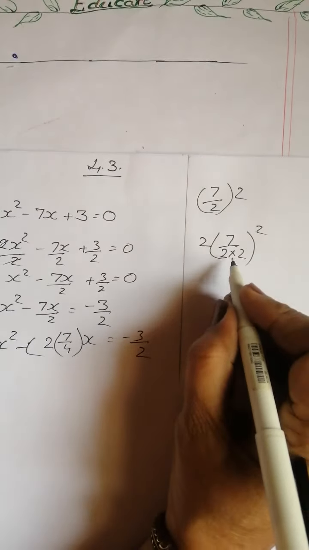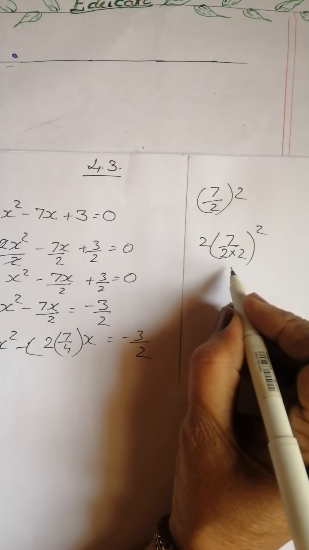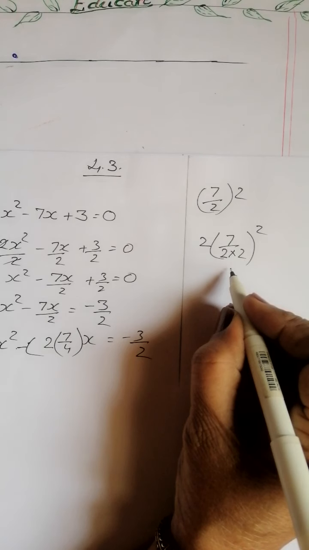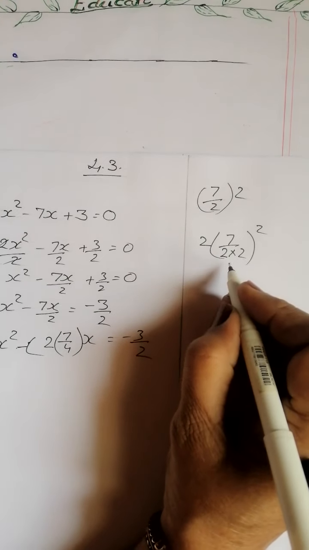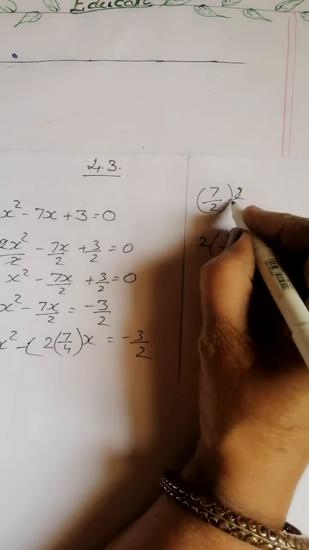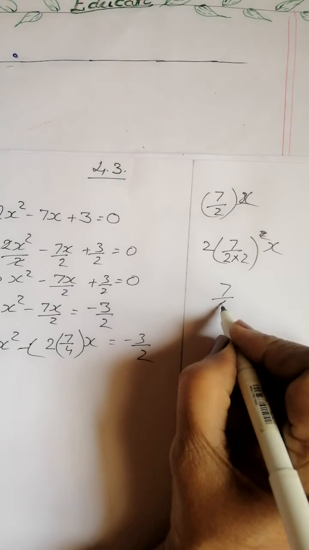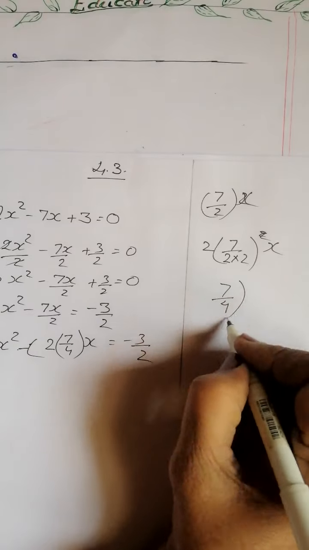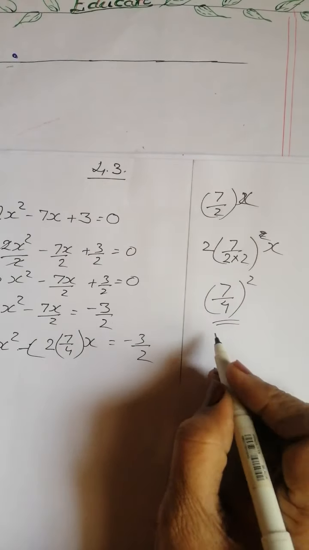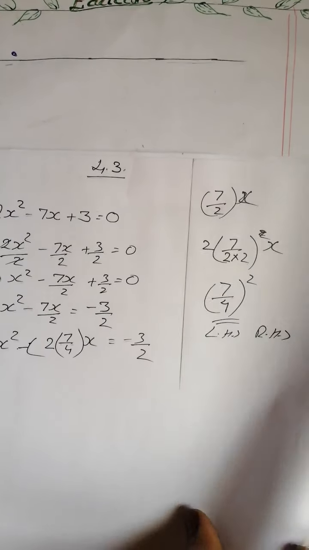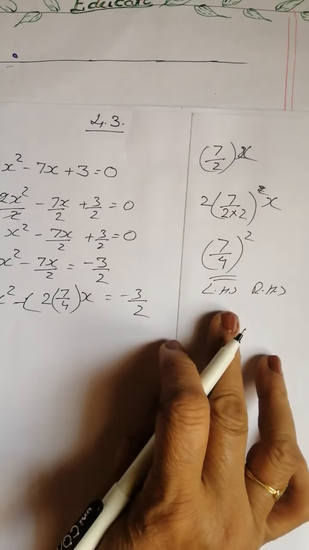Now I have to take this one to make it square. Okay, so how can I take this one? This is the coefficient of x. So I can take 7 by 4 the whole square to LHS and RHS. Got it? LHS and RHS.